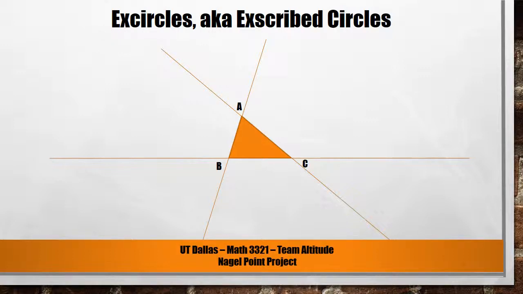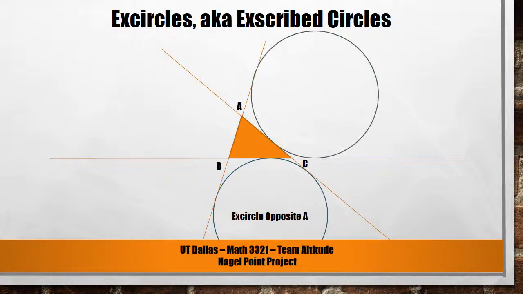The first circle we're going to draw is the X-circle opposite A, and then we'll have the X-circle opposite B, and finally the X-circle opposite C. Now if you'll notice, they're named as they are because, say, the X-circle opposite A is opposite vertex A. So they're named for the vertex that they're opposite.